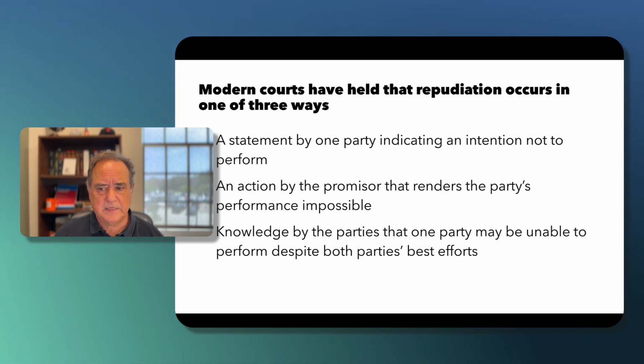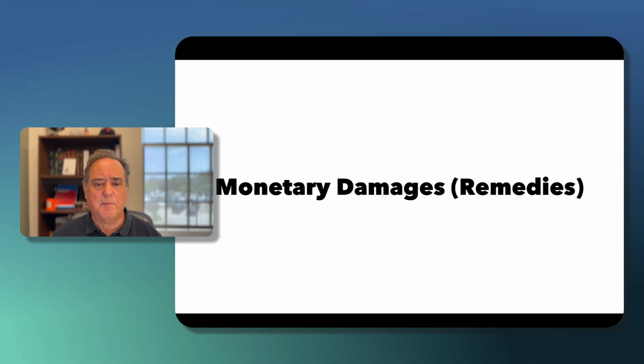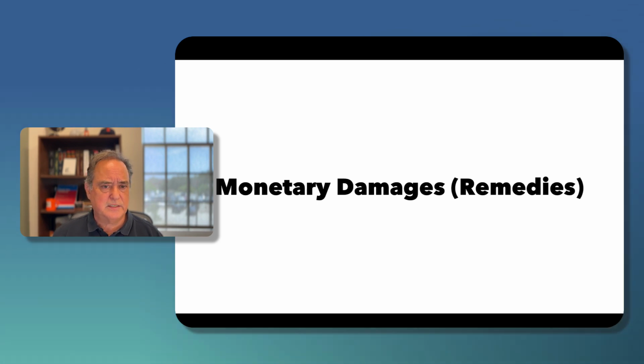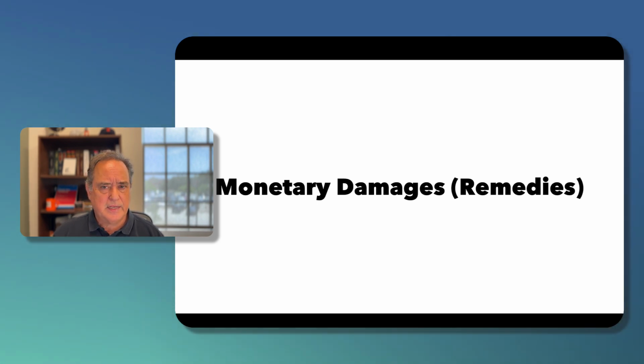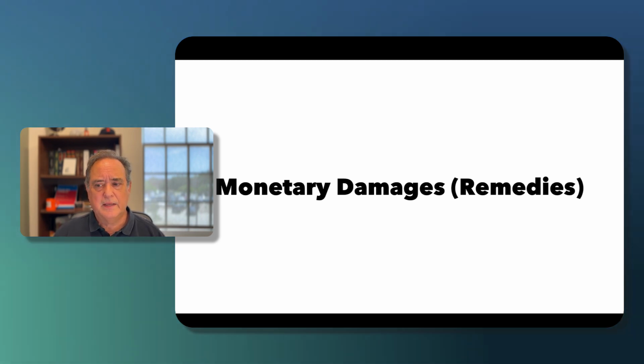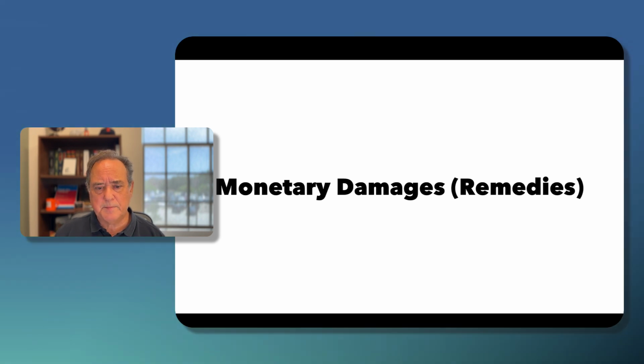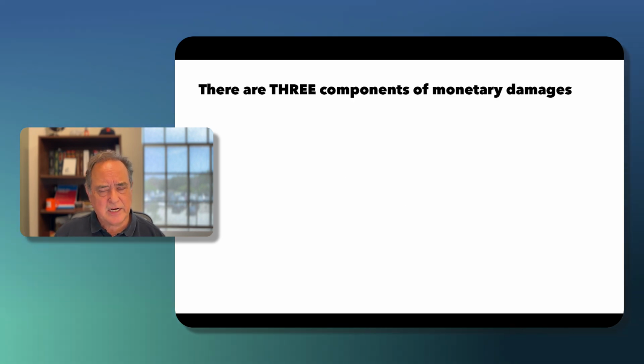Let's talk a little bit about monetary damages. And again, this is remedies. Once the breach has taken place, it is possible for the non-breaching party to seek a monetary award. Now, this monetary award, this money damages, is actually made up of three components.